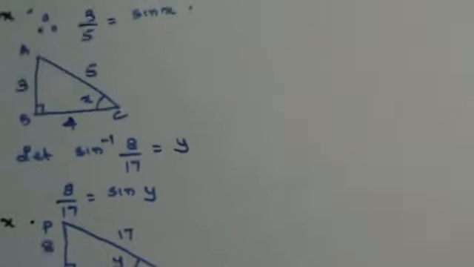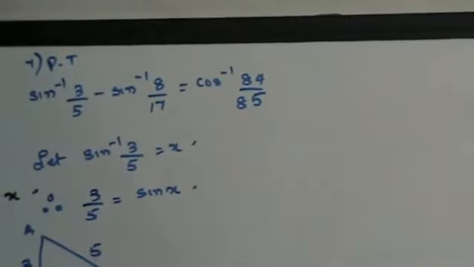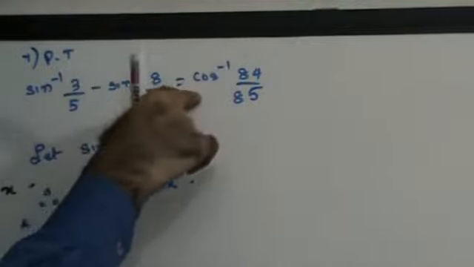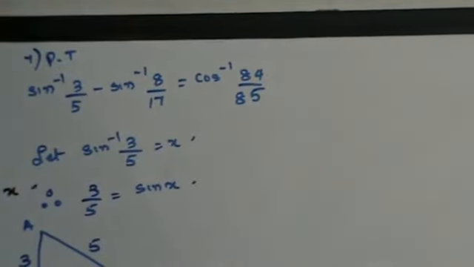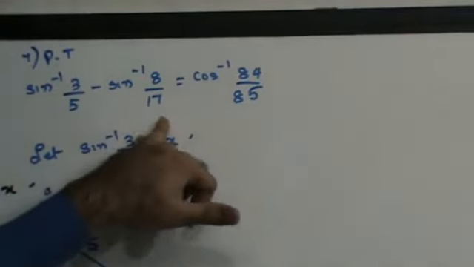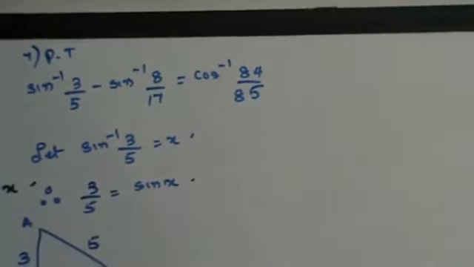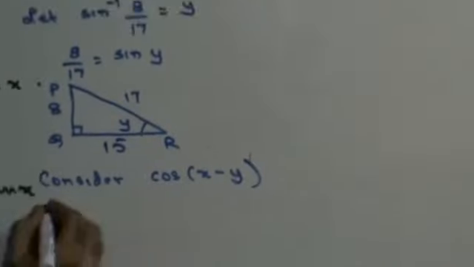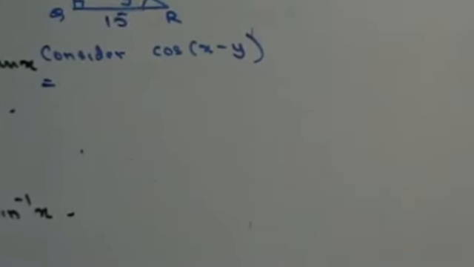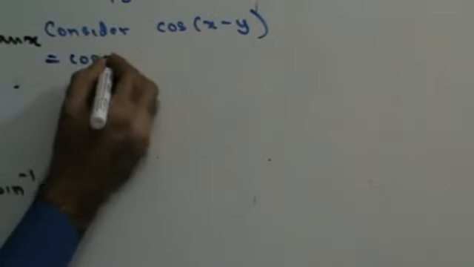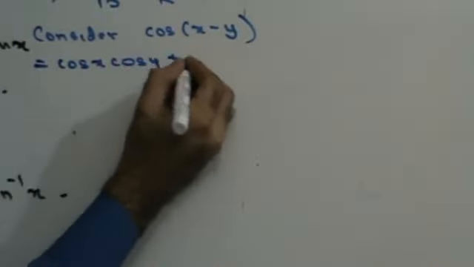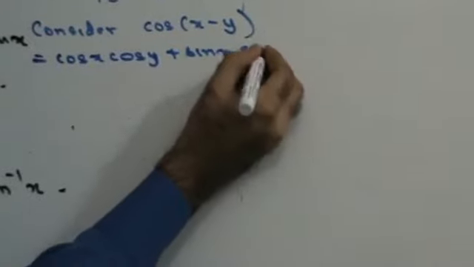Look at what you have to prove, and from there you find out what you have to do. Whatever is the function on the right hand side, take it on the left hand side. The two terms you have on the left hand side, you've already assumed variables for them. Now for cos of x minus y, apply the addition formula or compound angle formulas. Cos x minus y will be cos x cos y plus sin x sin y.